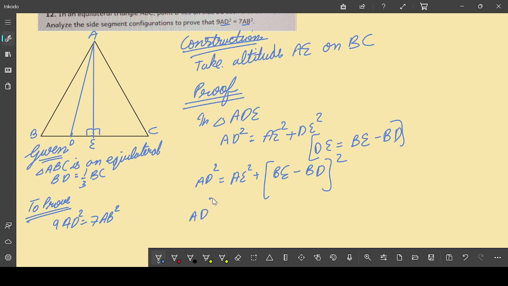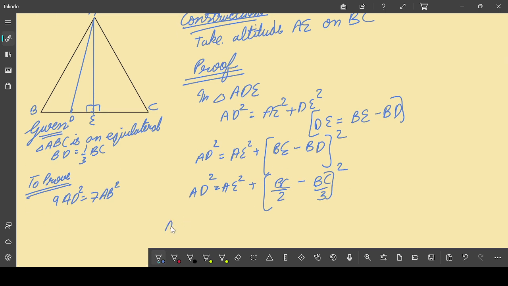So AD square equals AE square plus, okay, BE. BE is half of BC because as I told you, E is the midpoint of BC. BE is equal to EC, so I can write BE as half of BC. So BC by 2 minus, how can I write BD? BD can be written as BC by 3, whole square.